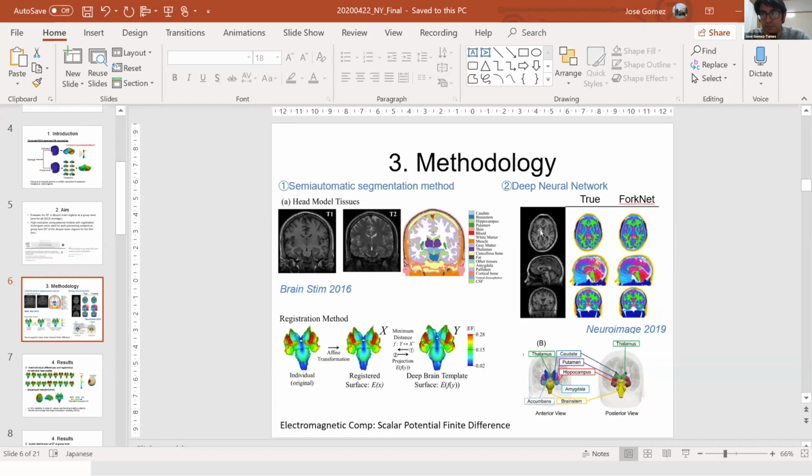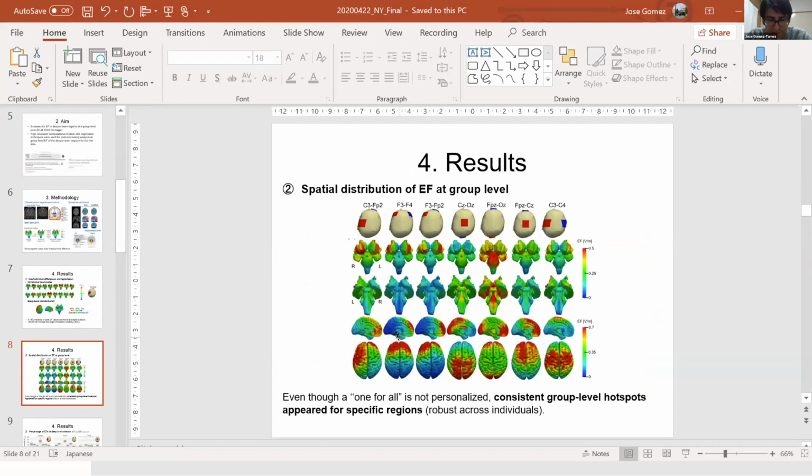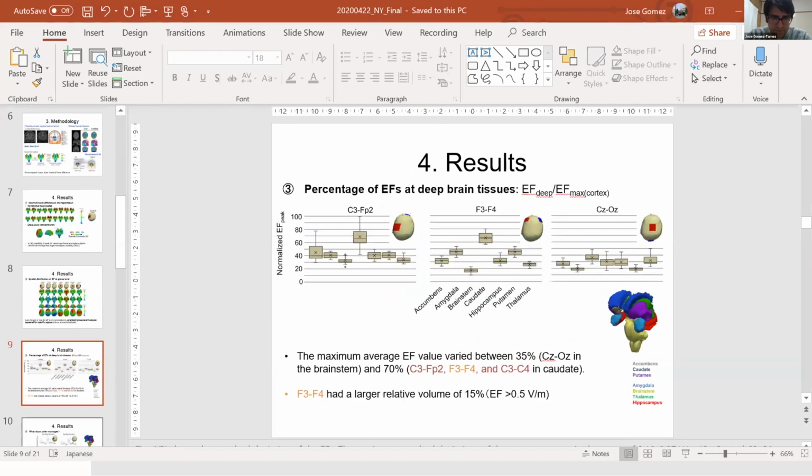For the electric fields, well, for instance, in this figure, this is the spatial average of the electric field. For these ones that we are showing here, these are the peak values for each deep brain part.